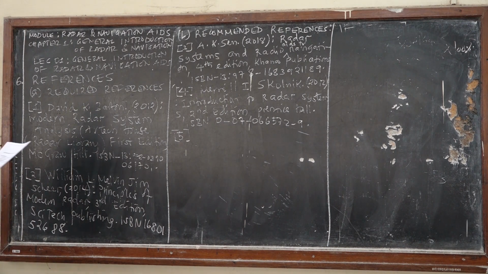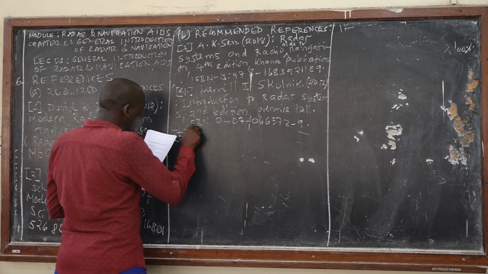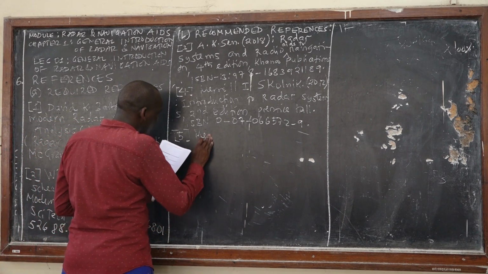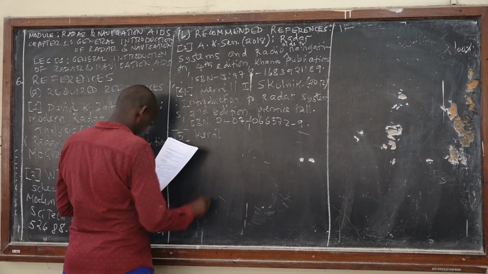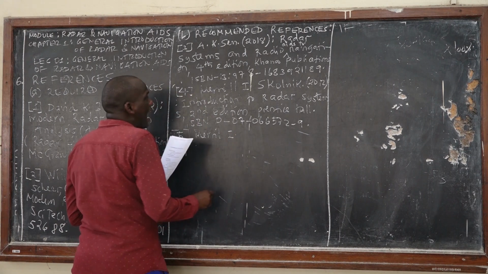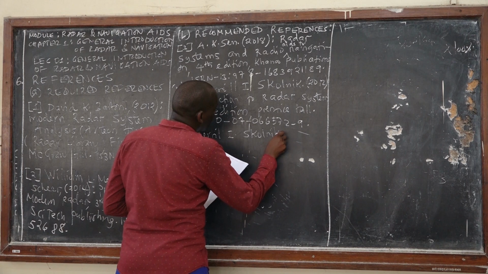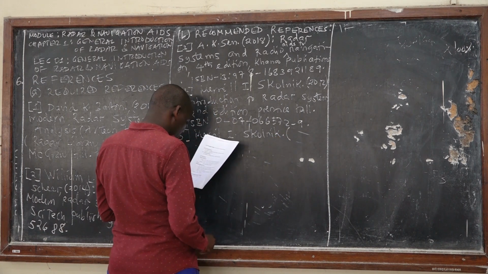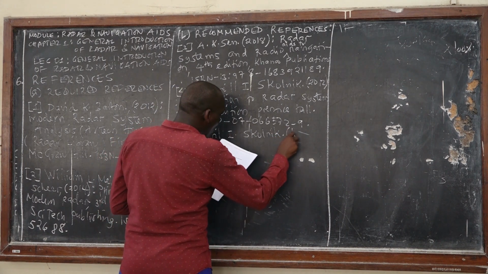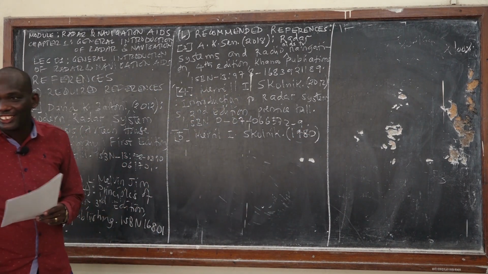Then the last, the recommended reference book. It has also been written by the same author. Merrill I. Skolnick. Keep quiet. And the year of publication now is powerful, 1980.